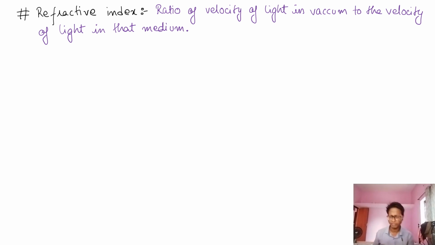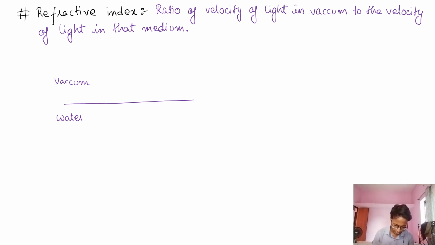What do I mean by this? The velocity of light in vacuum to the velocity of light in that medium. Suppose there is a medium: under is water, above is vacuum, above is space. One more thing to note out here: although theoretically the refractive index of air and vacuum are different, in practice, while solving numericals, air will be treated as vacuum in your chapter of physics.